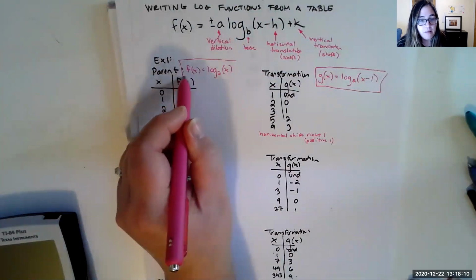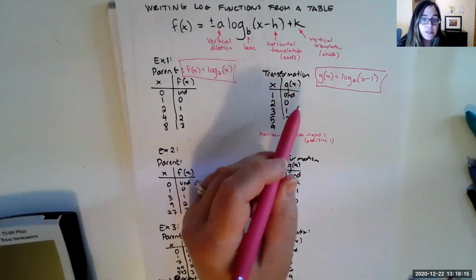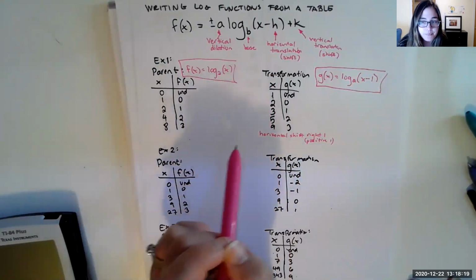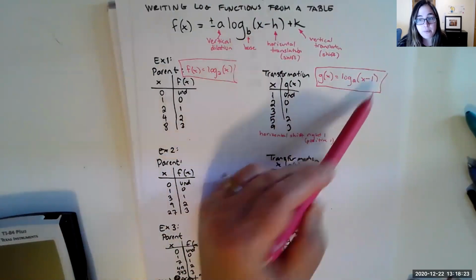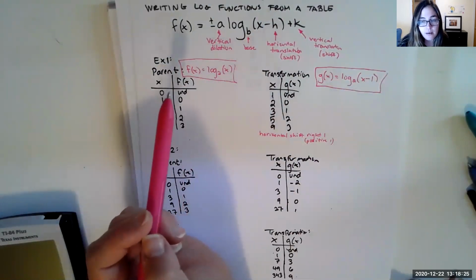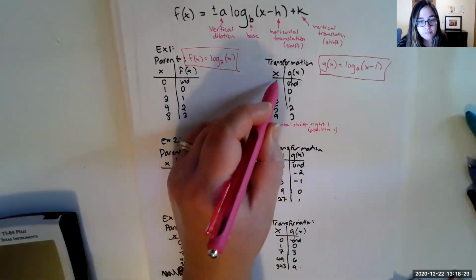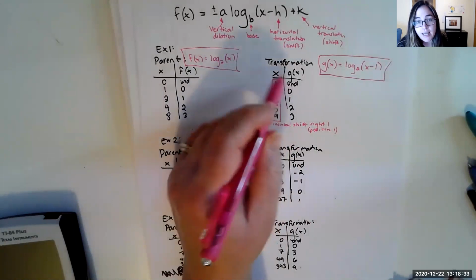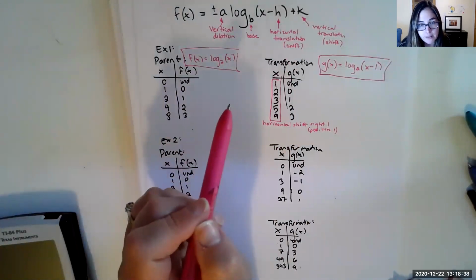Your parent was log base 2 of x, nothing done to it. This transformation equation takes all the x values and adds 1 to them. Because of the form of the equation, we put minus 1 in the parentheses. So when you see that the x values are changing, at least for purposes of this unit, we know it's going to be a horizontal shift.